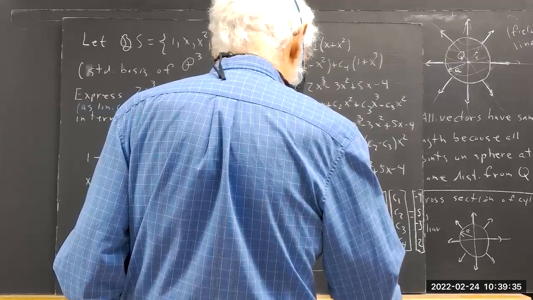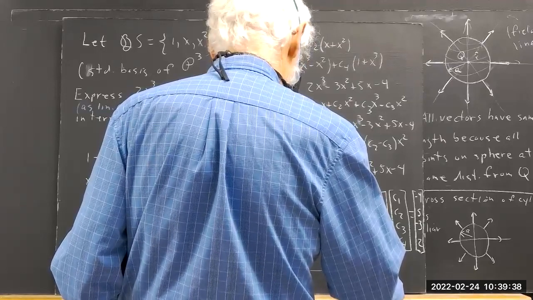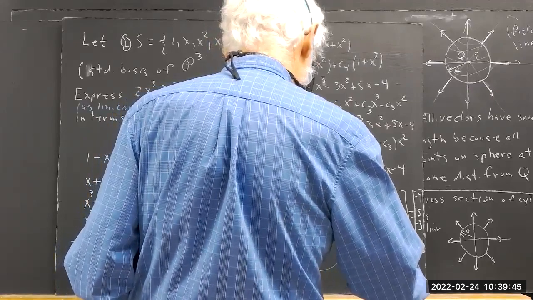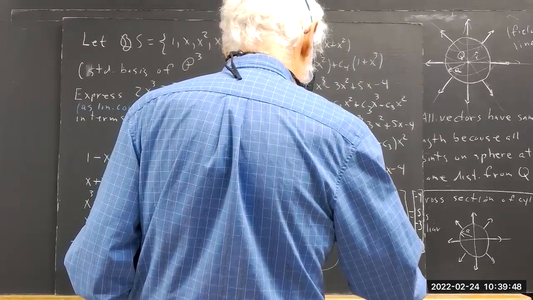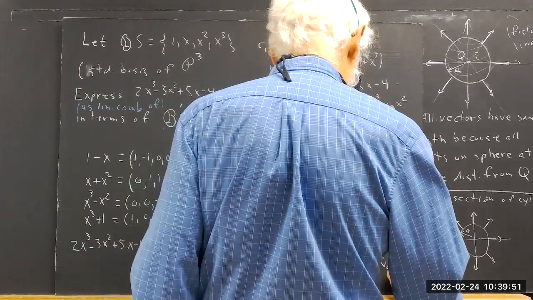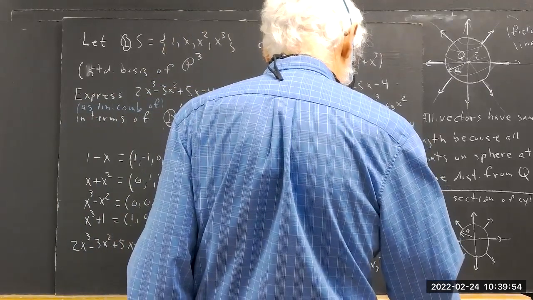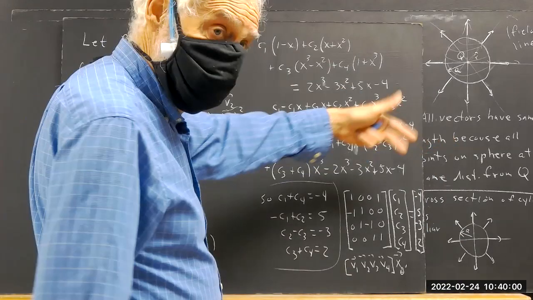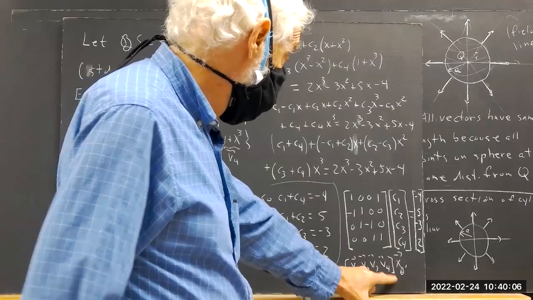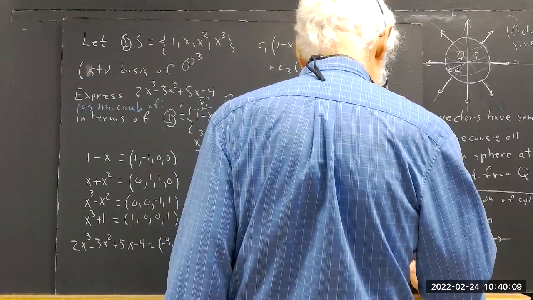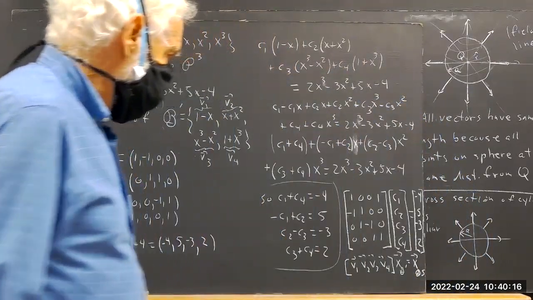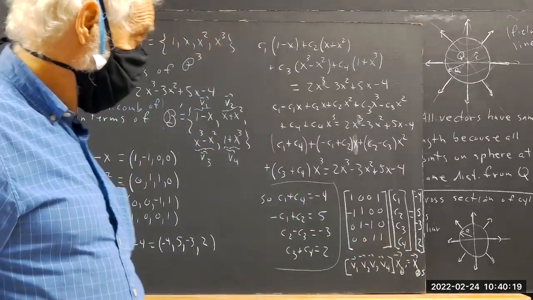it could also be written as the column vectors V1 through V4 multiplied by your vector in terms of the basis B prime equals X, in other words, in terms of the standard basis.